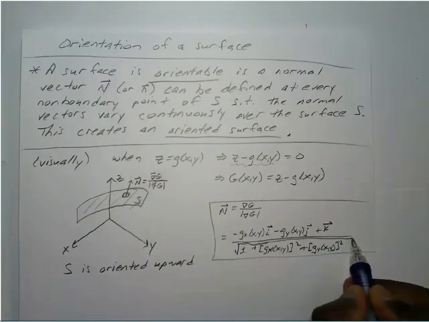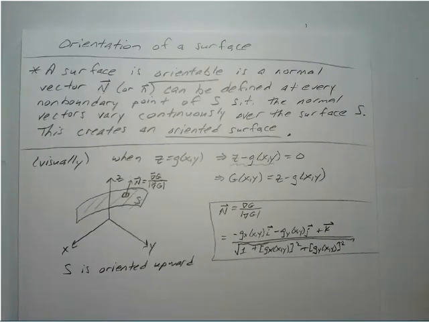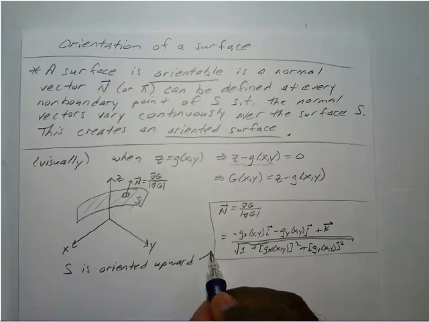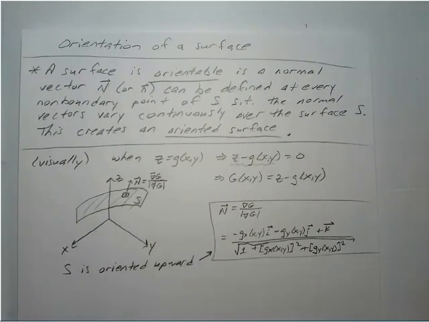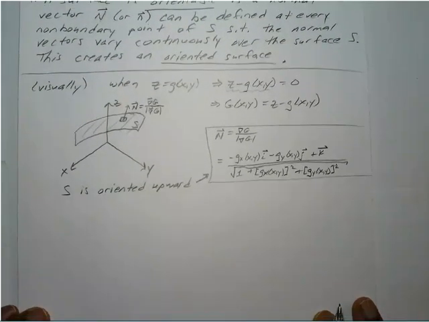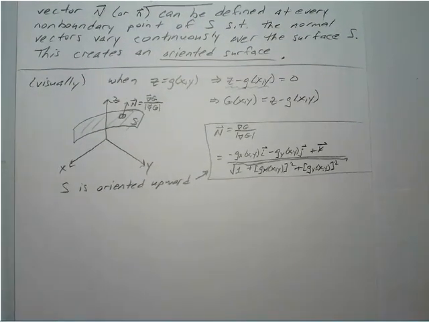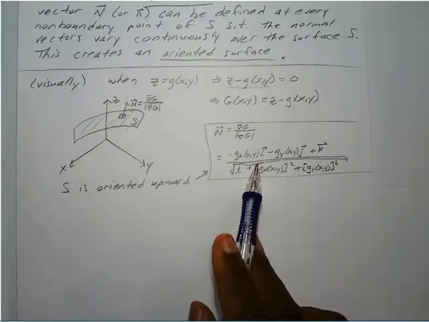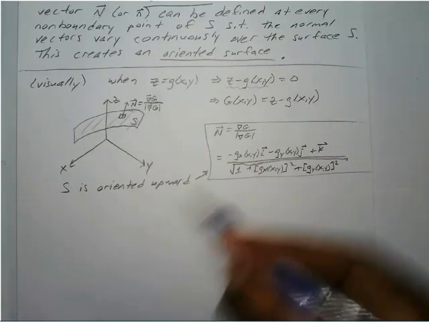There we go. Okay, so this, you're oriented upward. All right, now if it's oriented downward, it's just a minor change to it. Really, it's just the negative of your unit normal vector.